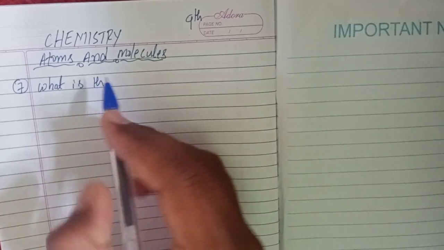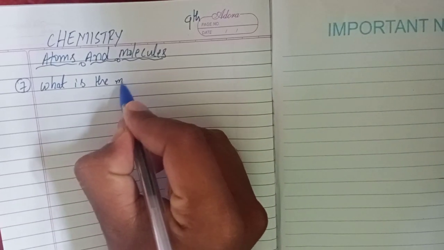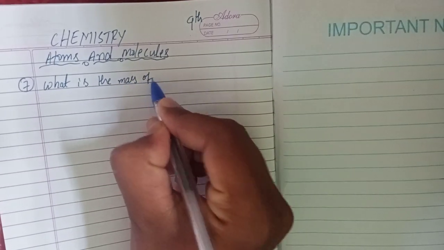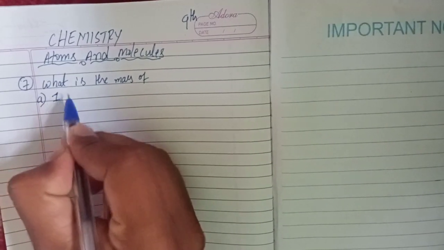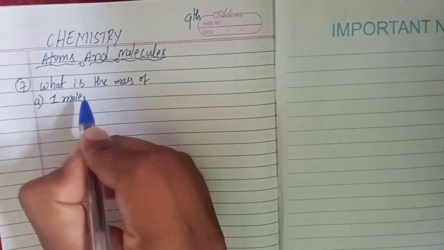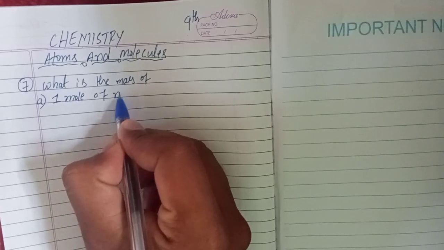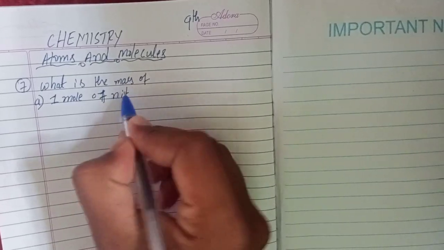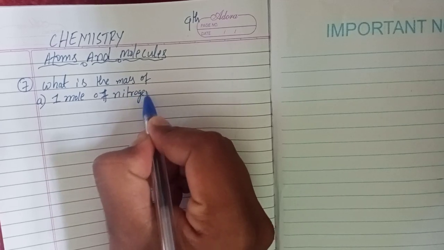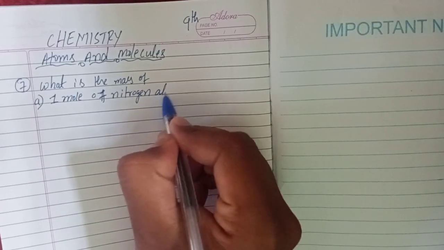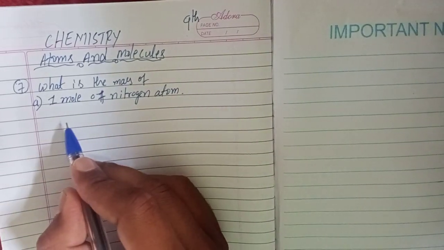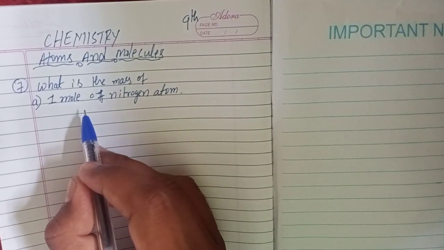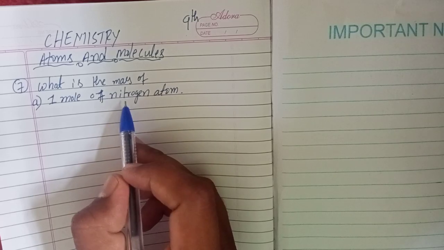What is the mass of 1 mole of nitrogen atom? 1 mole of nitrogen atom is nearly equal to the molar mass of that nitrogen atom.